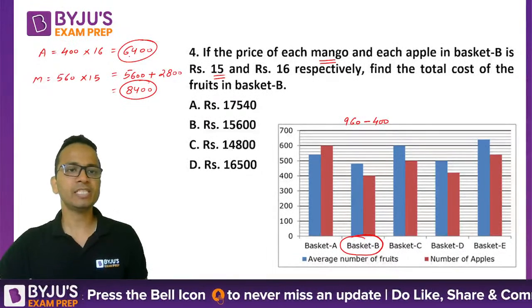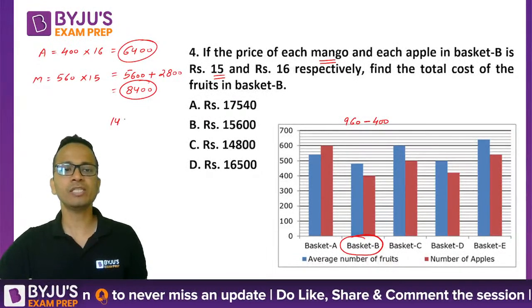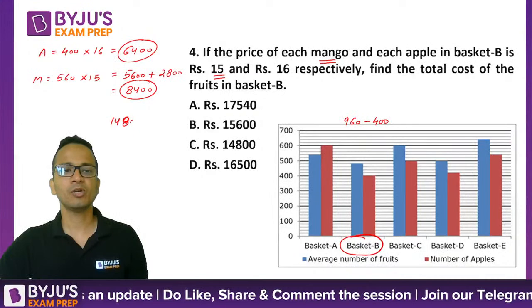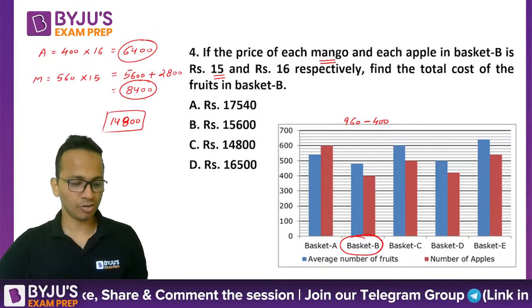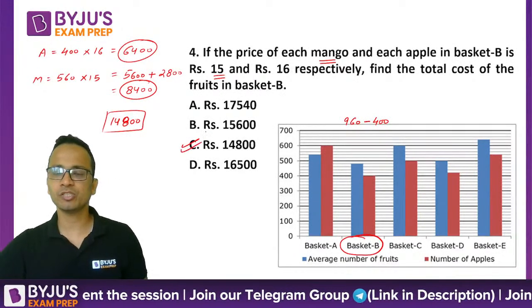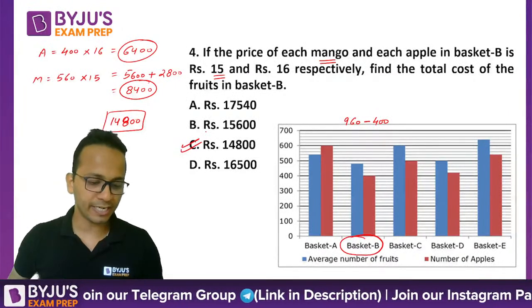So 8 and 6, 14, 14,800 will be the correct answer. All right. So 14,800, which is option C, is the correct answer.